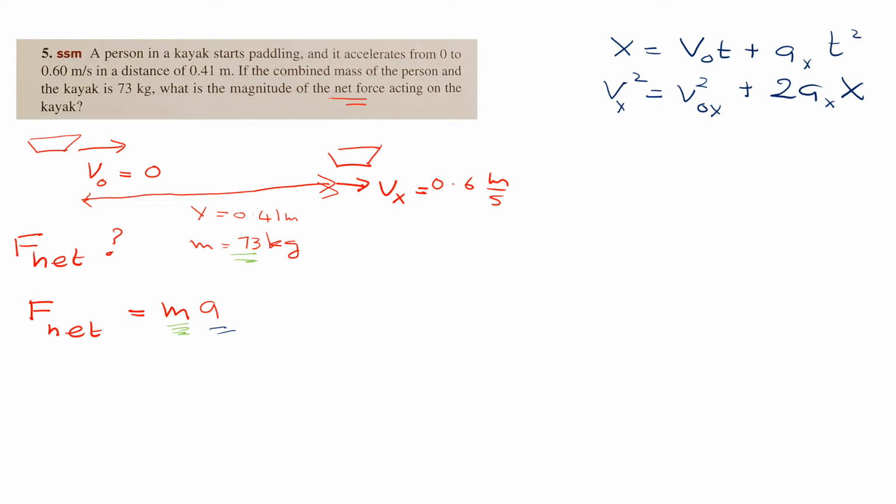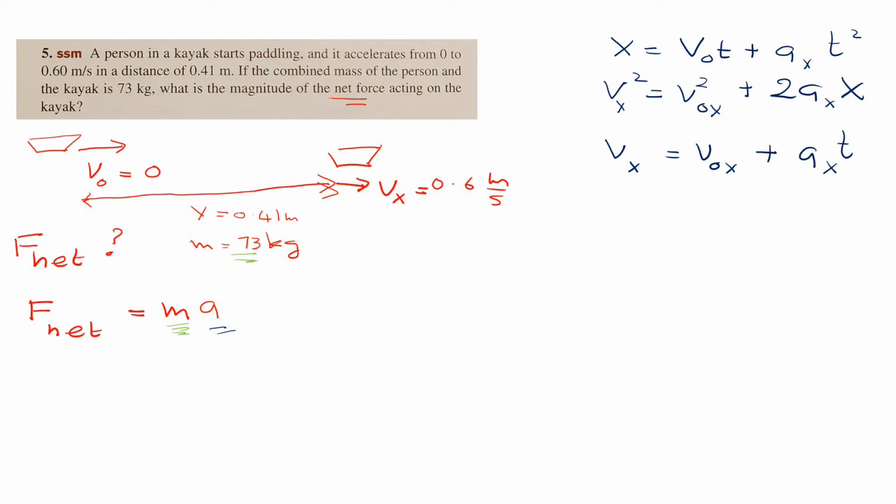We learned 4 equations. Let me write another: Vx equals V naught x plus AX T.